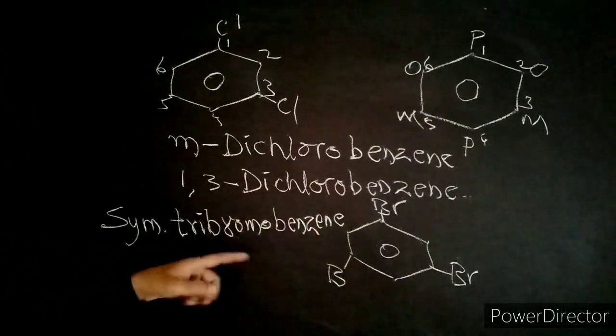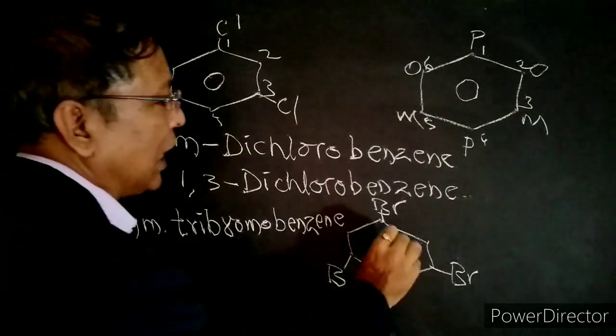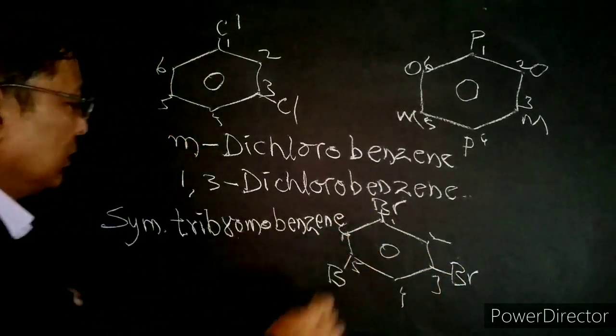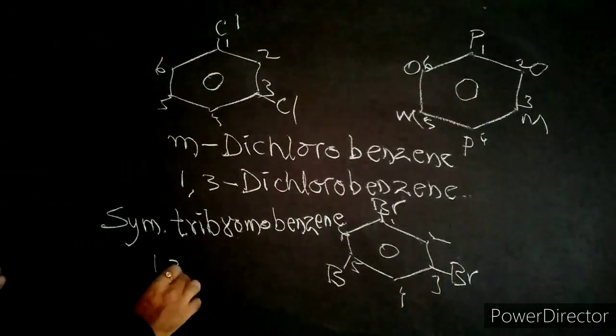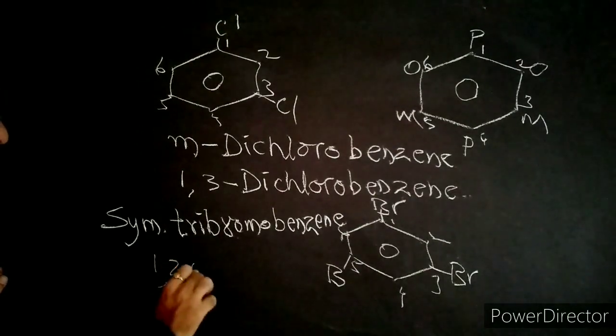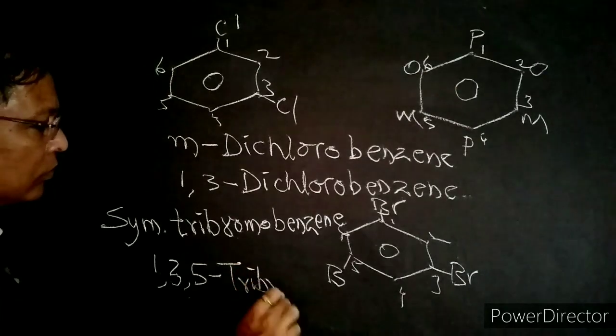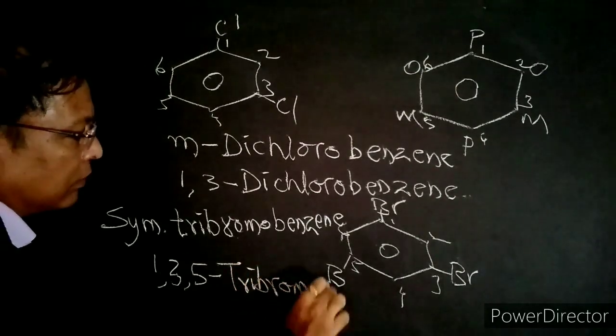This is the common name, and if we want to write the IUPAC name, 1, 2, 3, 4, 5, 6. So 1, 3, 5-tribromobenzene.